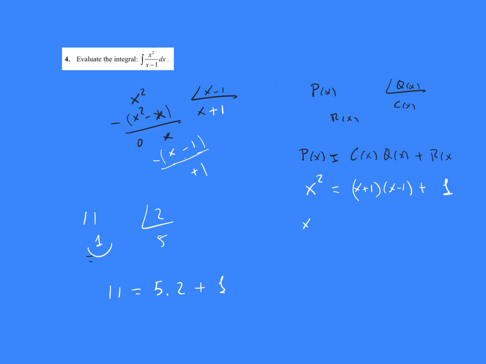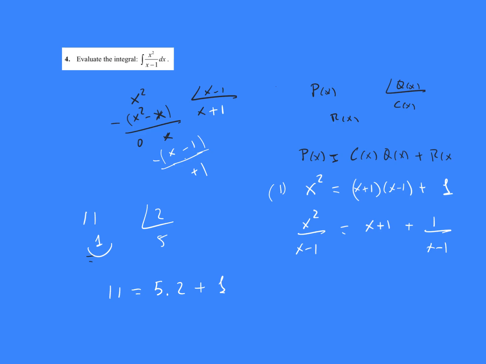So if I divide this equation by x minus 1, I will obtain x plus 1 plus 1 divided by x minus 1.